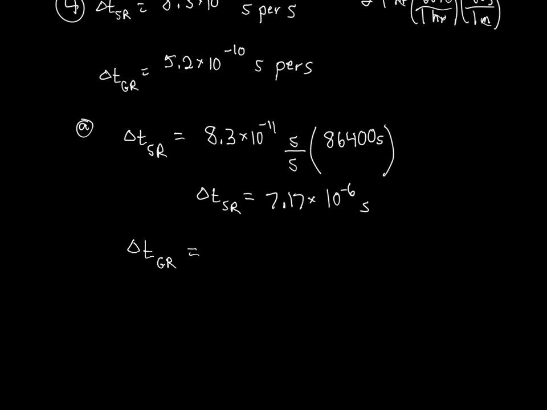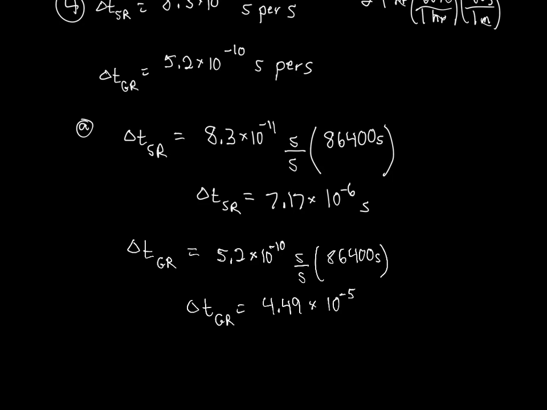Same thing with a different number. So general relativity is 5.2 times 10 to the negative 10 seconds per second. Multiply that by 86,400 seconds. And that gives us a change in time due to general relativity. That's equal to, I think we got 4.49 times 10 to the negative 5 seconds.